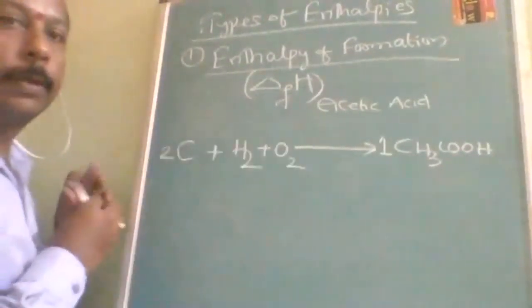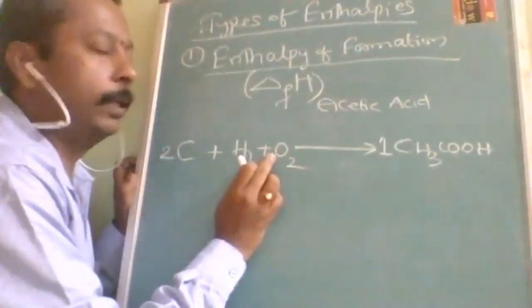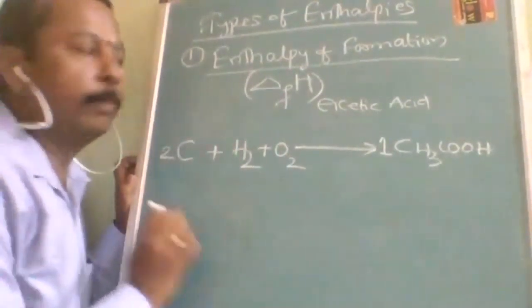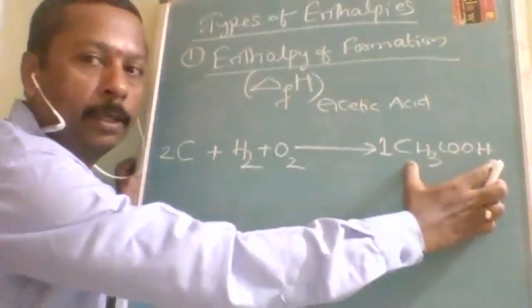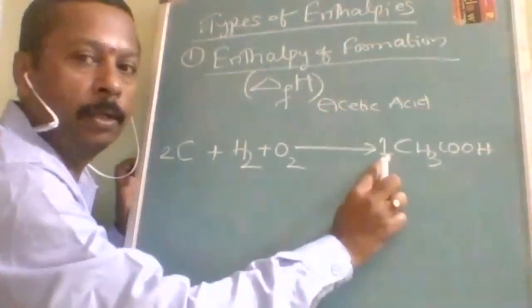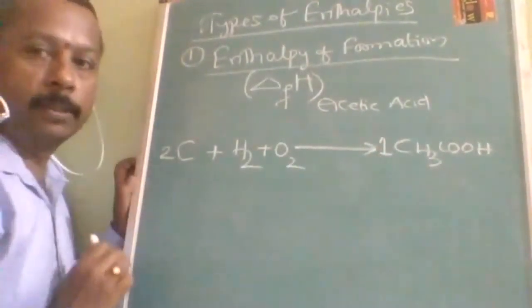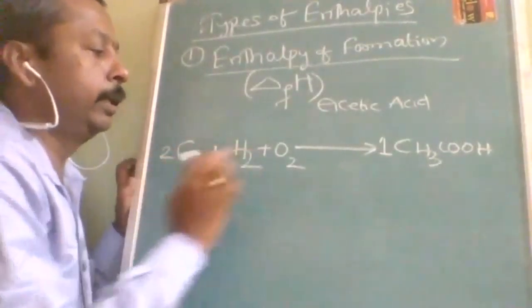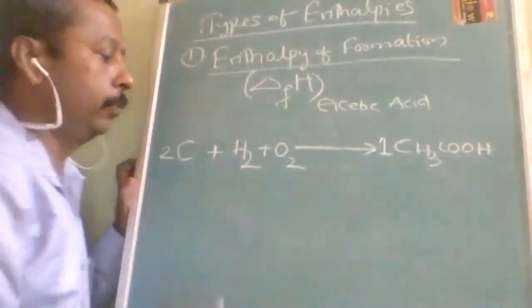To keep this as one mole, we can keep the coefficients as a fraction. Again, I am repeating: whatever the enthalpy of formation is, it is to be written on the right side, one mole, only one product, and all reactants must be in elementary form. While balancing, there can be fractions.